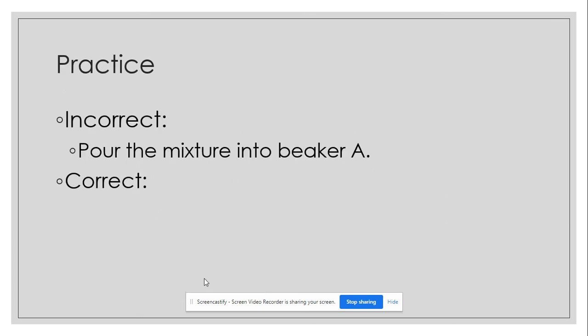So here we have practice. The incorrect version is, pour the mixture into beaker A. So if you want, try pausing this video and see if you can put it into the correct tense. Okay, let's see how we did. The correct way to state this is, you could say the mixture, which is my object, was poured into beaker A. Notice again, we still have that helping verb.